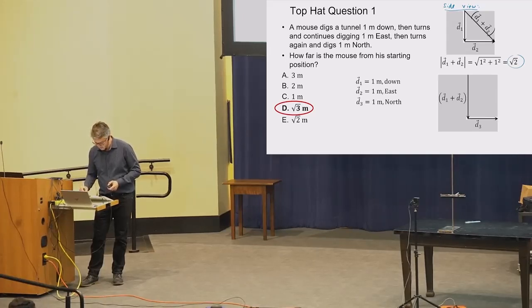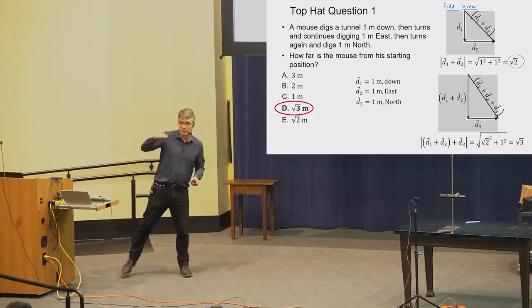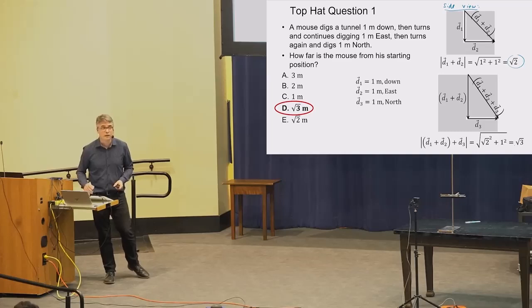Then I'm trying to imagine that he goes this distance and then turns in a perpendicular direction. I don't know if this is looking straight down or not, but I feel like that last leg, since it was perpendicular to the east and perpendicular to down, will be perpendicular to that square root 2. So you get square root 2 squared plus 1 squared, you get square root 3.